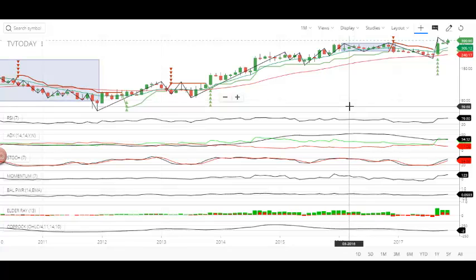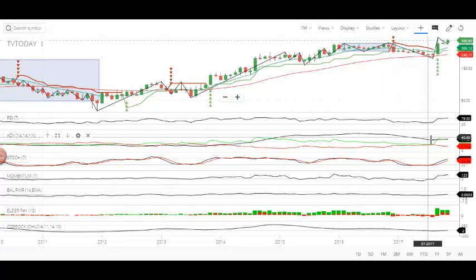Now if you look at the relative strength, it is picking up. Actually, the relative strength line, the curve, is making a parallel line to the top line. It is brushing with the top line. That's good. And directional strength is going down.